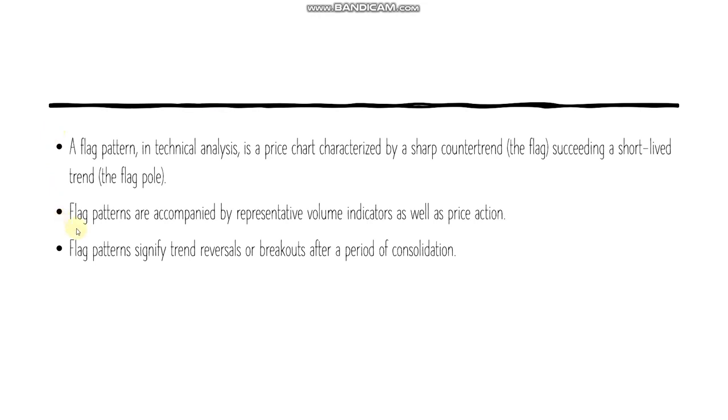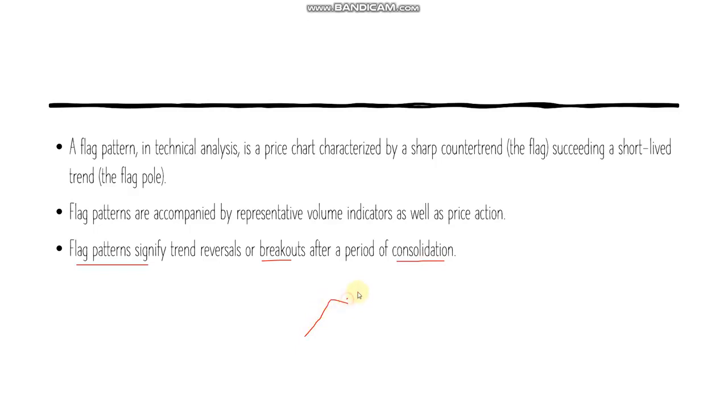Anyways, flag patterns are accompanied by representative volume indicators as well as price action. Flag patterns signify trend reversal or breakouts after a period of consolidation. Hopefully you remember the word consolidation. Remember I told you the market moves from high volatility to low volatility.